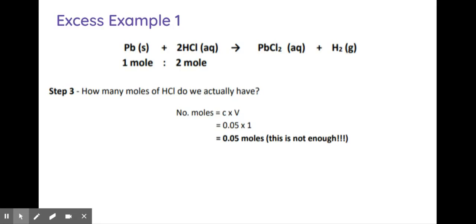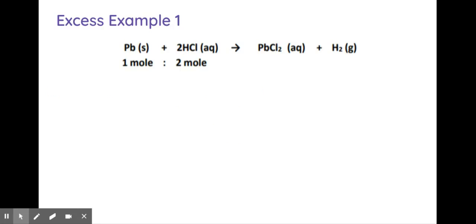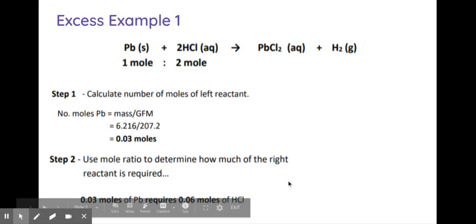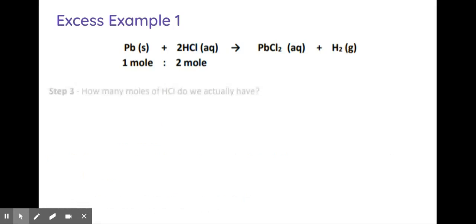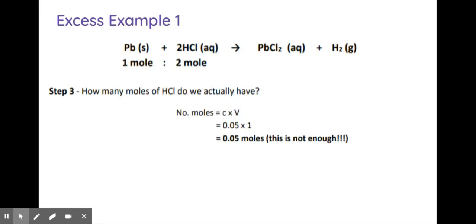Remember to convert your volumes from centimetres cubed into litres. So when you figure out that calculation, you have 0.05 moles of hydrochloric acid. So we required, go back a wee second, we required 0.06 moles to be present in the reaction. We don't have 0.06 moles, we only have 0.05.